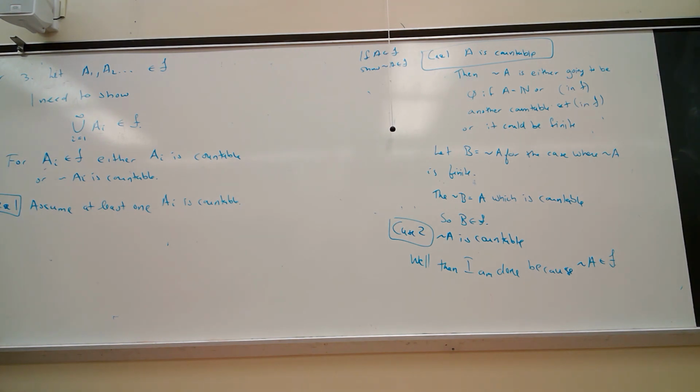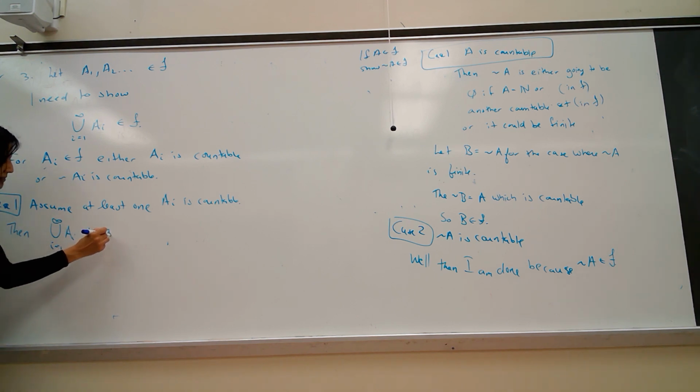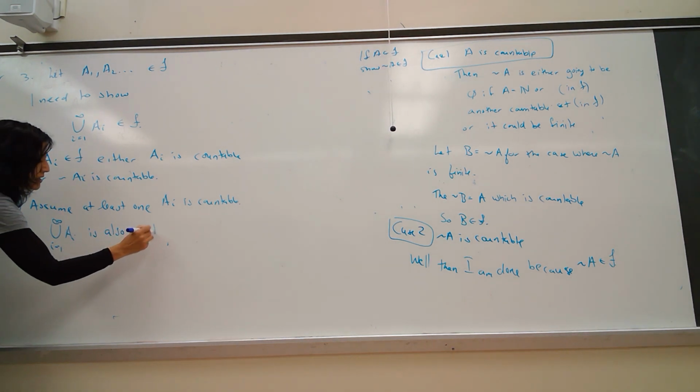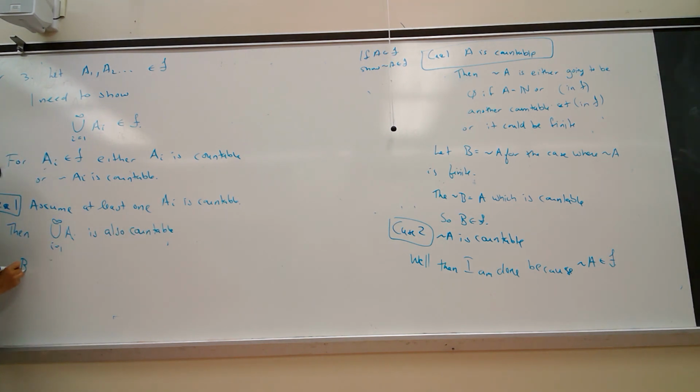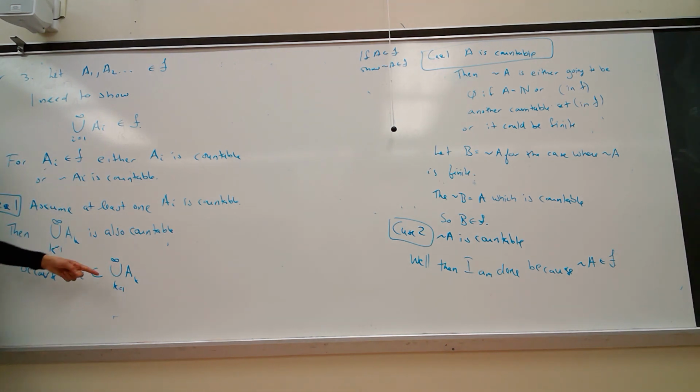If I just have one Ai that's countable, then the union of all the Ai's is also countable, because Ai belongs to that union. I shouldn't have used the i's here again. How about k's? This union is bigger than any one of these. If one of them is already countable, then the whole union is going to be countable.